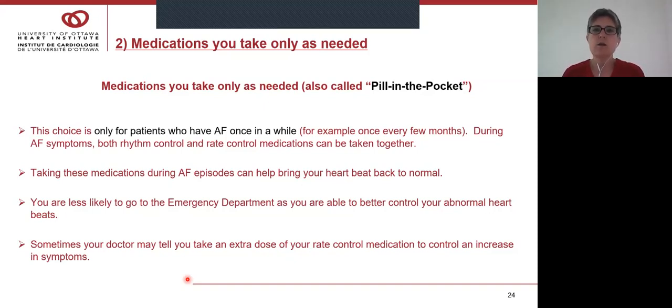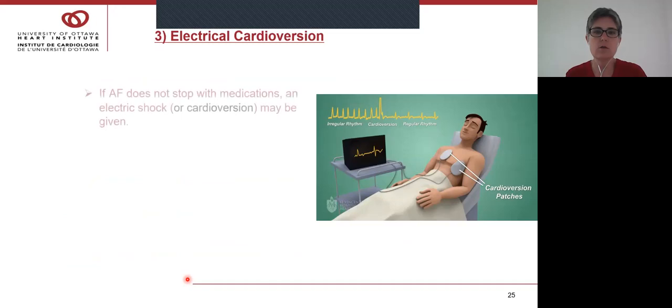And if you're doing the pill in the pocket method of treatment, obviously, if you feel unwell while waiting for your atrial fibrillation to go away, you should go to emergency, or after 6 or 8 hours, if you're still in atrial fibrillation, then you should go off to emergency, or follow any specific directions that your doctor gives you.